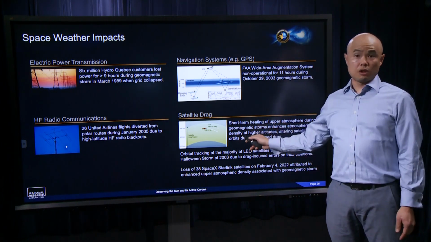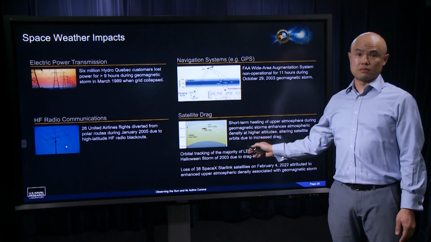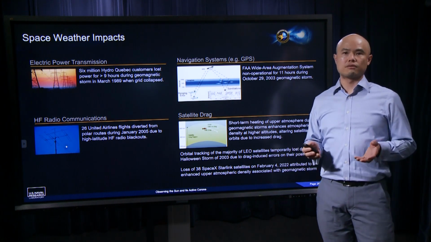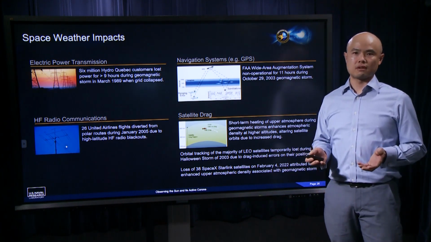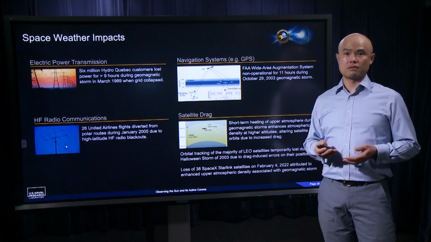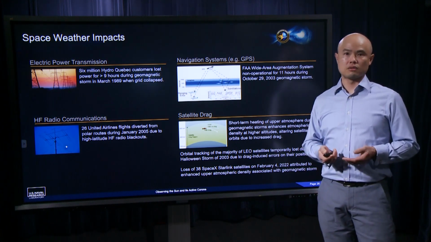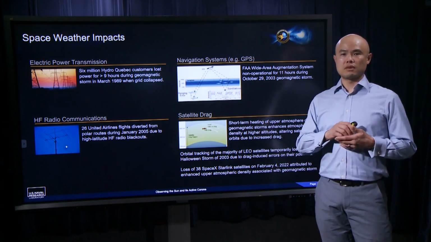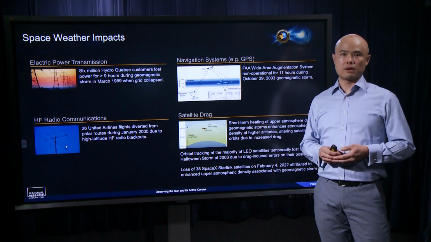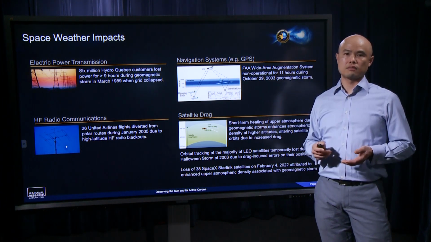So during the Halloween storm of 2003, there was a period when the locations of a majority of low Earth orbiting satellites were temporarily lost due to drag-induced errors on their orbits. And it became a significant effort to reacquire tracking of all of these satellites.